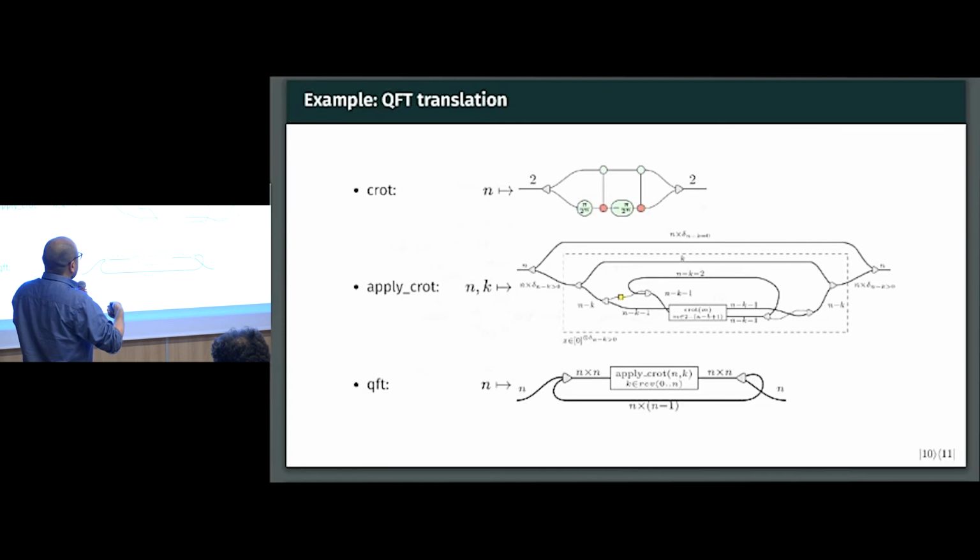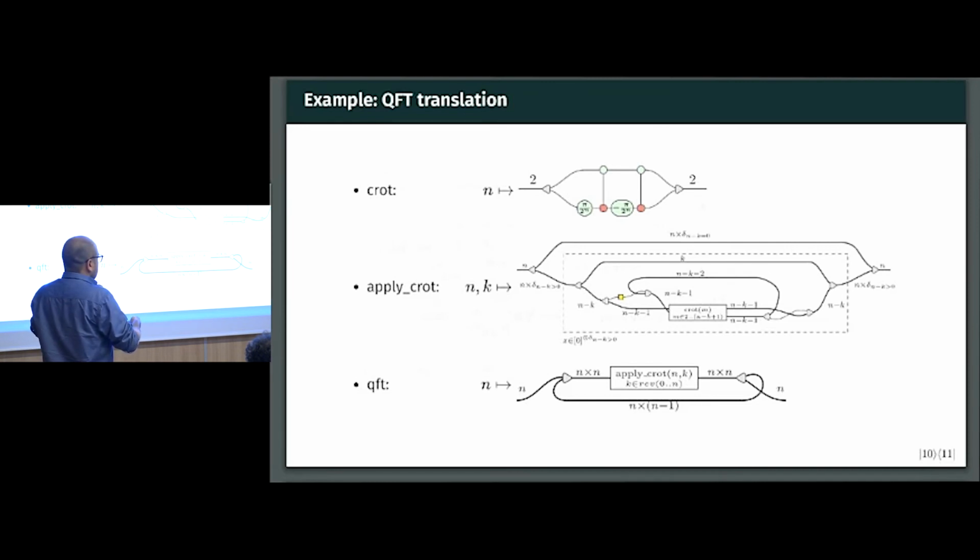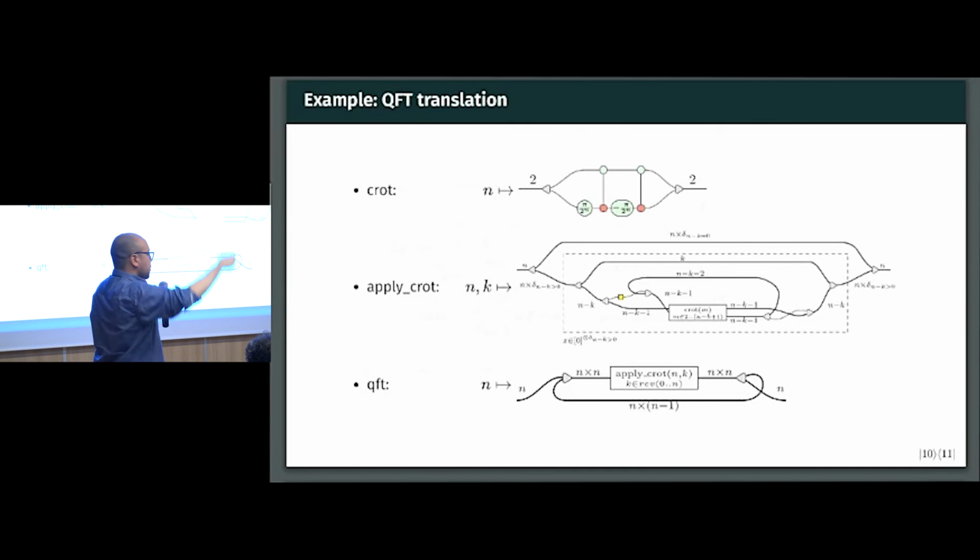Here they are constant too, but also on the spiders. We can apply this control rotation many times. This is using the list instantiation. So we're saying we'll be applying it to every qubit sans 1, sans 2, sans 3.